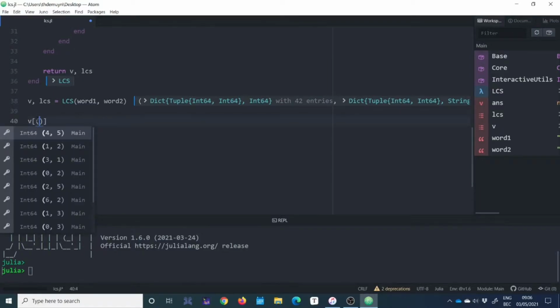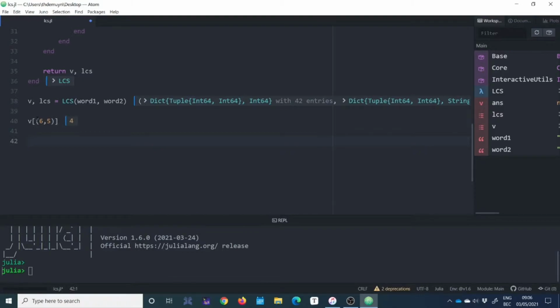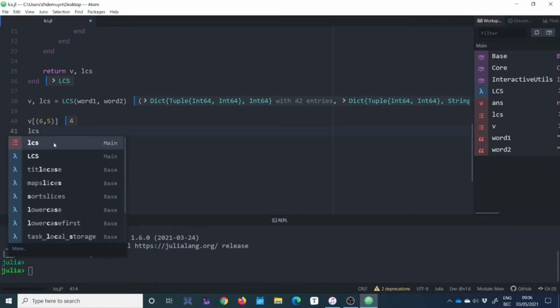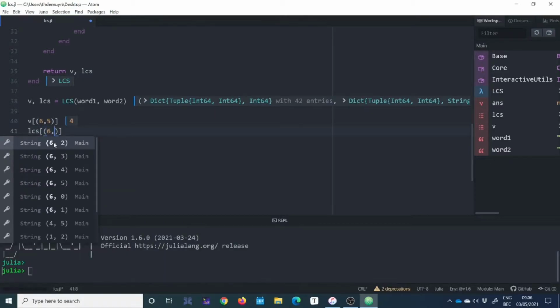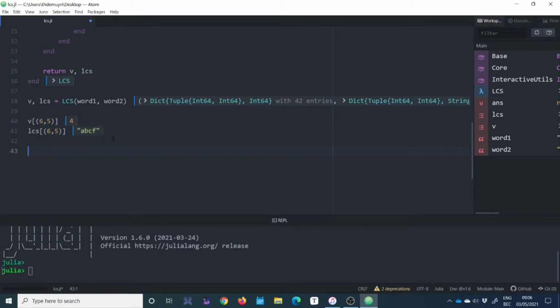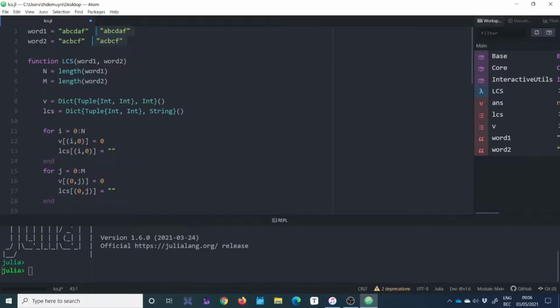Right, so this should be V 6, 5. So the longest common substring is of length 4, which is also what we found in the table. And what's this longest common substring? Well, it's A, B, C, F, which is also what we found in the table. Okay.